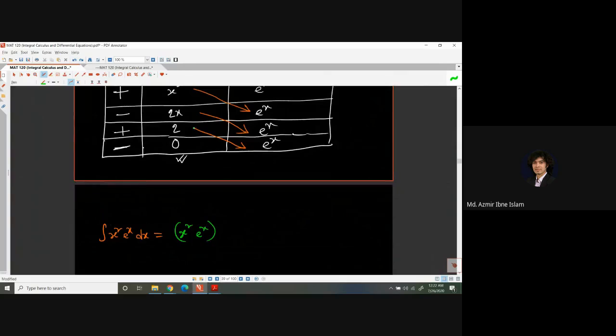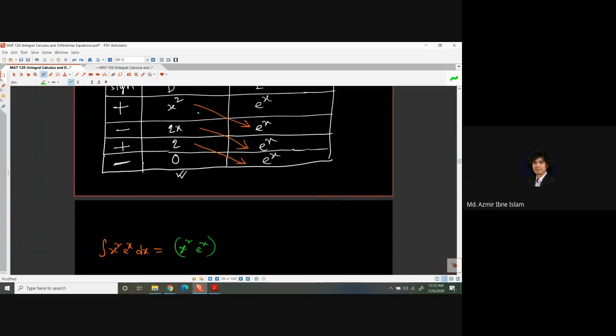And then multiplication of x squared and e to the power x is here, then multiply this one and this one, see the corresponding. Okay, so it will be 2x times e to the power x, and then you have to multiply 2 with e to the power x. So these are the three terms we have finally.